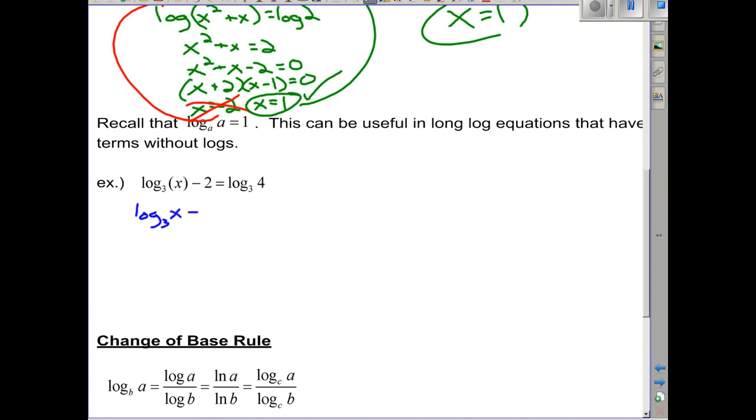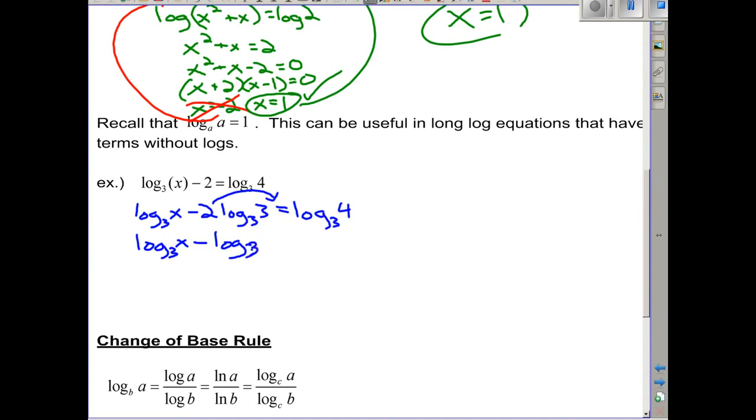How I would think of this is negative 2 times 1, and another way of writing the number 1 is log base 3 of 3. Now I can move that 2 up on top of the 3 because it's really an exponent. So minus log base 3 of 3 squared, which I might just write as 9.